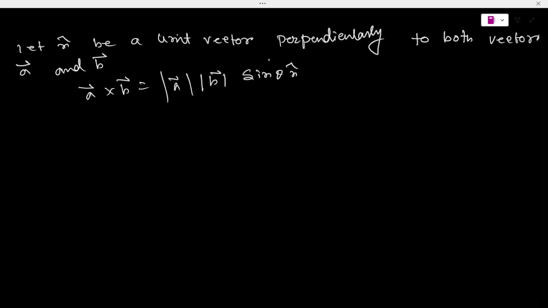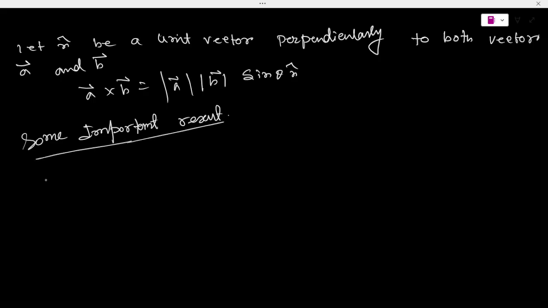So let's see some important results. First, I cross I is equal to j cross j is equal to k cross k, which is equal to 0.